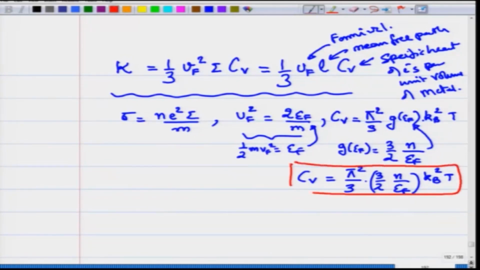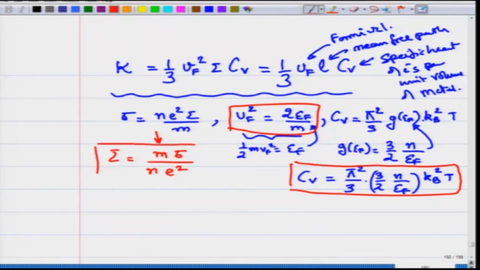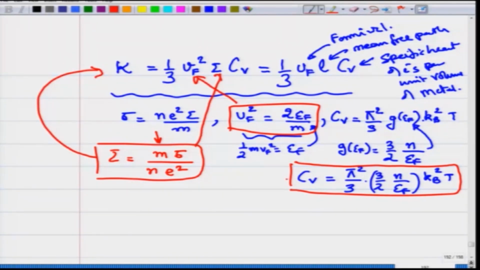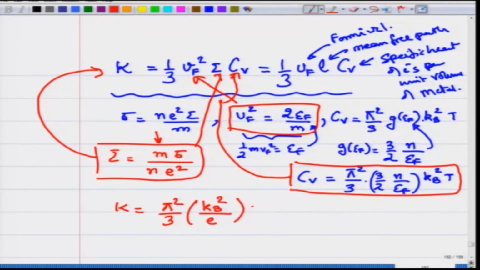If you use this expression for Cv, substitute for vf square as this, and substitute for tau as m into conductivity sigma divided by ne square, all of these three, in this expression for kappa, then you will get an expression for kappa equal to pi square by 3 Kb square by e, sigma the conductivity into the temperature.